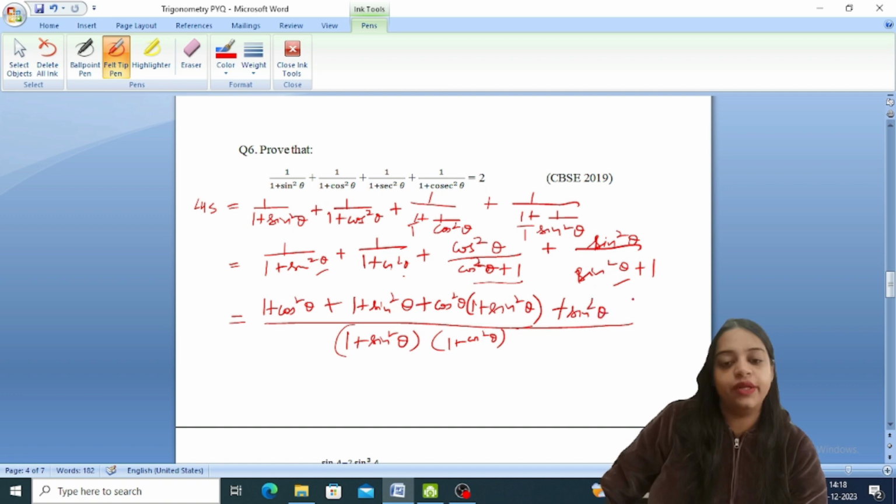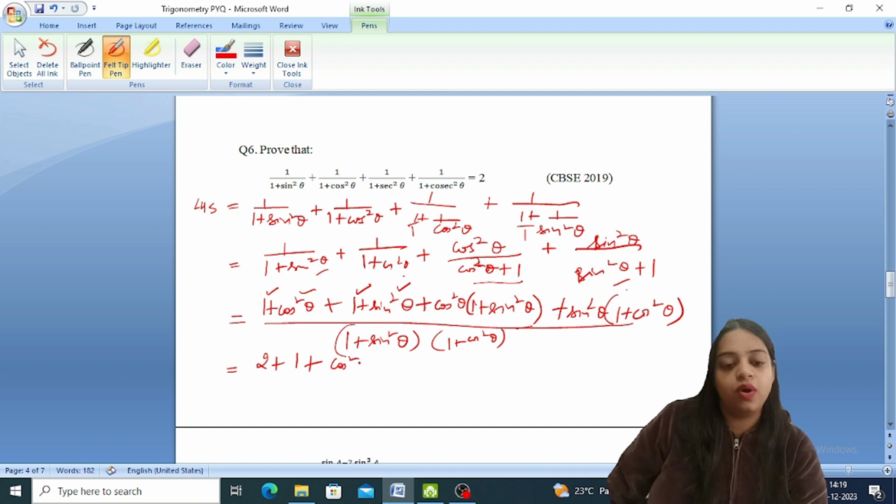And you just see the denominators, like in sin square theta the denominator is 1 plus sin square theta, right? In the LCM, 1 plus sin square theta is already there. Along with that, one factor is missing, so you just multiply it with that factor, right? Now let's open up the brackets, and also I am applying the identity. See, this 1 plus 1 is 2, and cos square theta plus sin square theta is 1, and I am opening the brackets here.